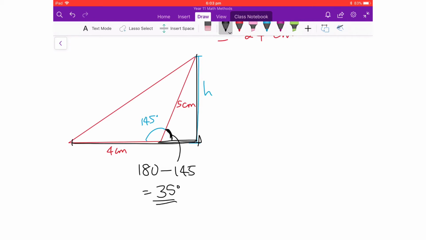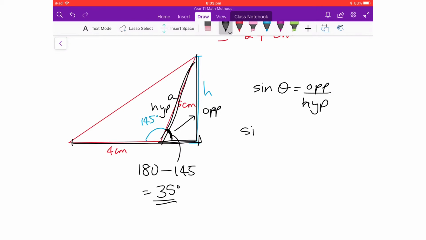So you're 35 degrees. So let's write this down. So let's say we're given this A, or this angle, this side here. So we're given that. So let's write it down. So this is our opposite. This is my hypotenuse. So we're still using sine. So sine theta is equal to opposite over hypotenuse. Sine theta, so this is our theta here.